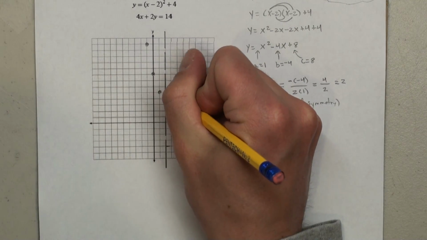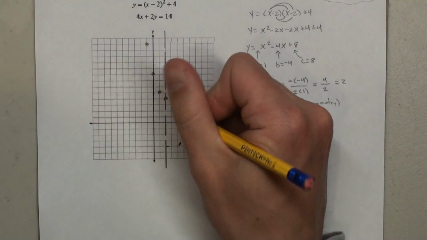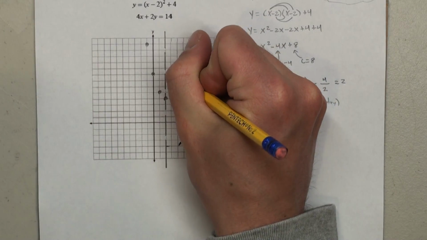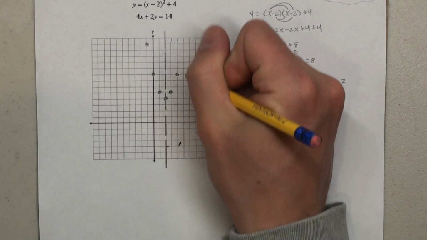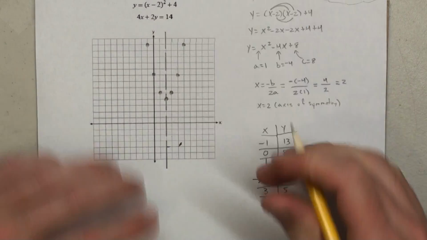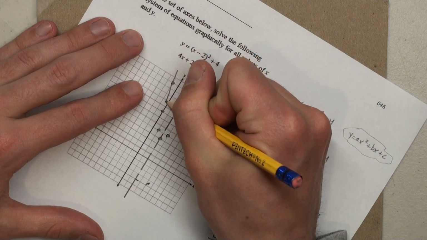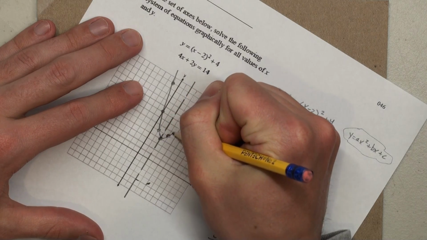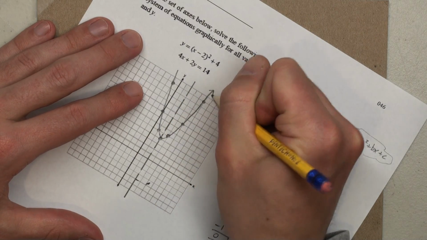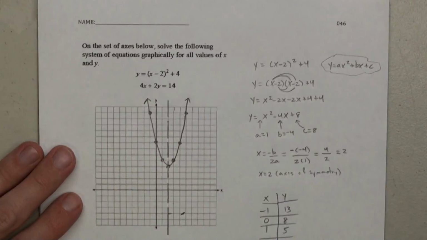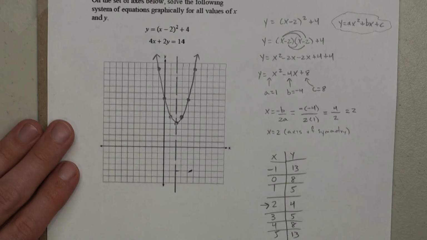And then I know it's going to be 3, 5, 4, 8, and 5, 13. There's my parabola, right? No problem.